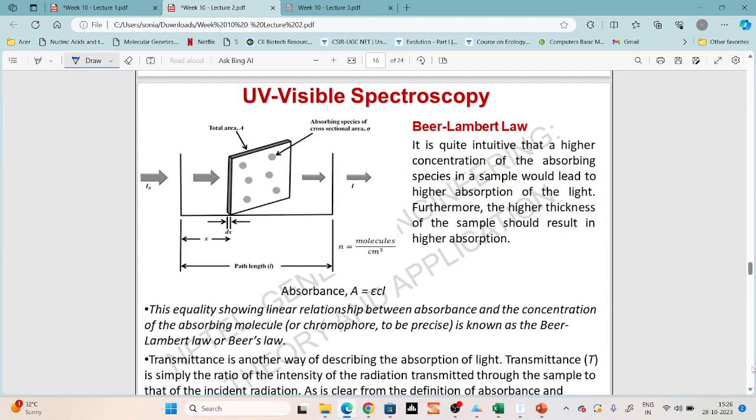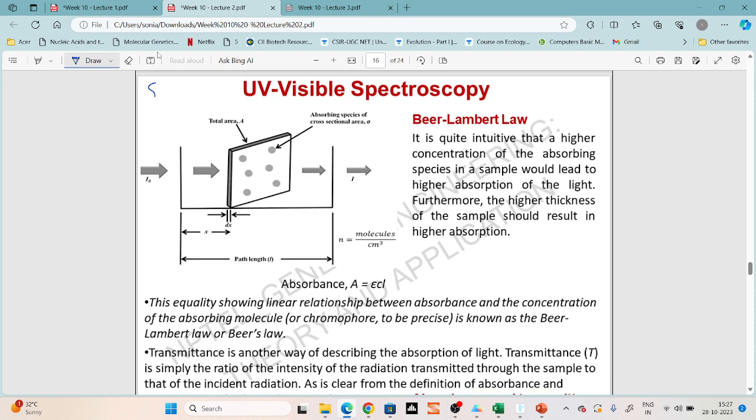Now, UV visible spectroscopy basically follows a law. The spectrophotometer will give us some reading, and that reading is telling us the absorbance. Suppose the reference cell, that means the liquid in which your protein is dissolved, is giving you an absorbance value of 5.